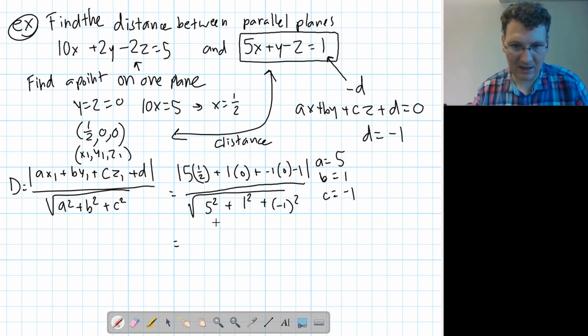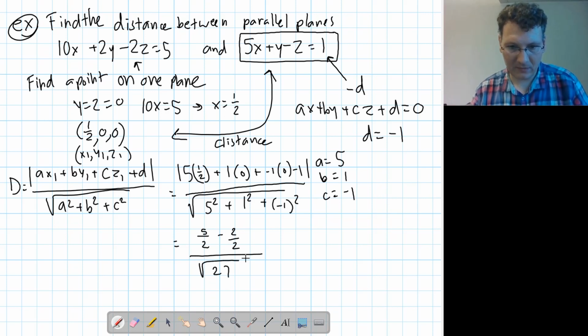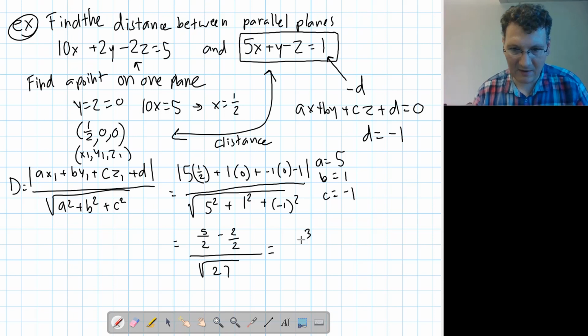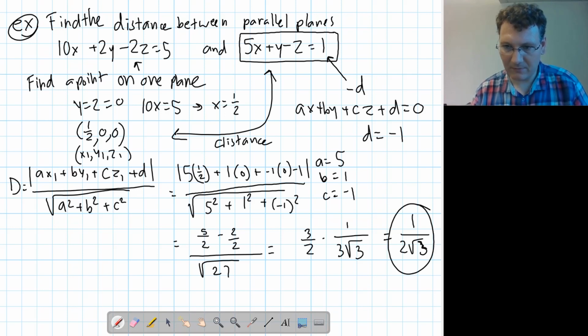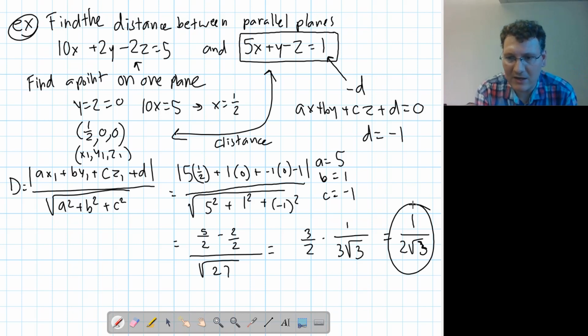Up top we have 5 halves minus 1, or 1 half, which is going to be 2 halves. Down below we have the square root of 27. So we have 3 halves times 1 over 3 root 3. We can write that as 1 over 2 root 3 and be done with it. I'm not so concerned with having irrational denominators. That's fine.